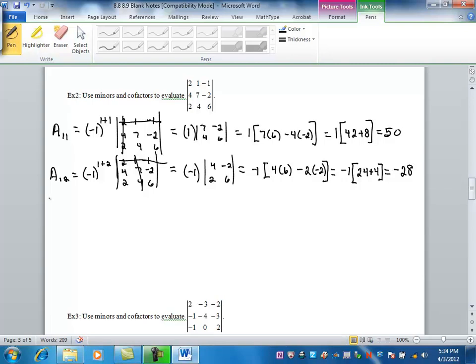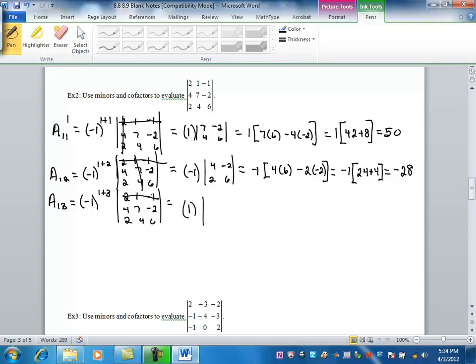And then finally we're going to look at the cofactor along row 1, column 3. -1 to the 1 plus 3. Here's my matrix, 2, 1, -1, 4, 7, -2, 2, 4, 6. So -1 to the 1 plus 3 is 4, -1 to the 4 is 1.